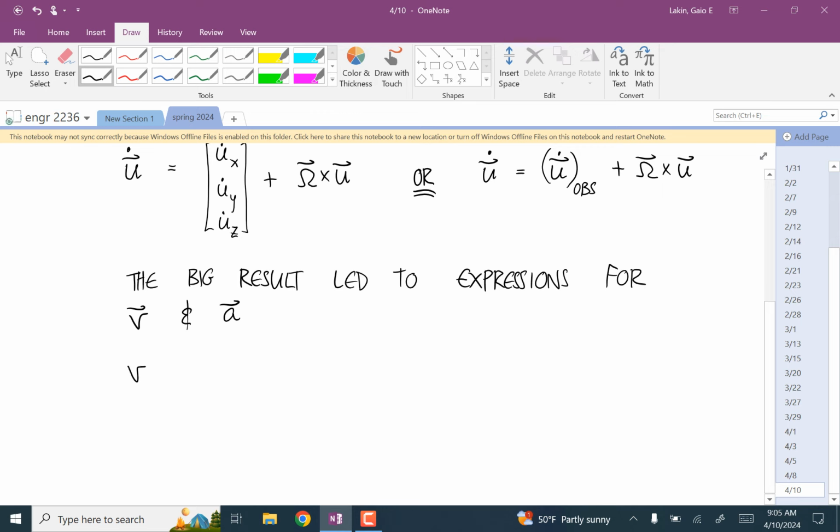And these results are that the velocity is equal to the components of position dot. So the velocity vector looks just like the big result because all we're taking is one derivative. And so you've got the derivatives of the position components plus the angular velocity of the coordinate system crossed with the position vector.